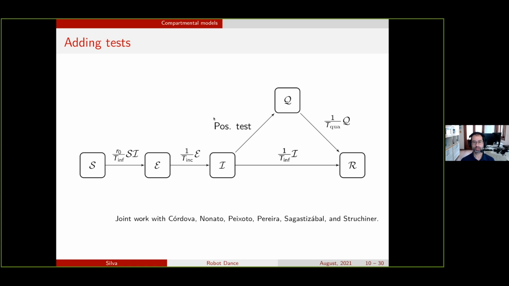Okay, so in this case, what we wanted to decide was how much we should test. And we did this in the context of the whole state. So we decided how much we should test in each region of the state according to the present situation of the pandemic in each region.